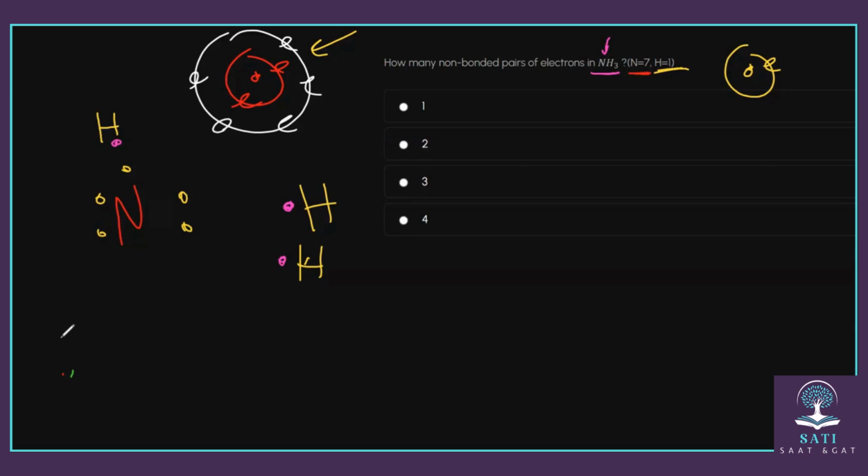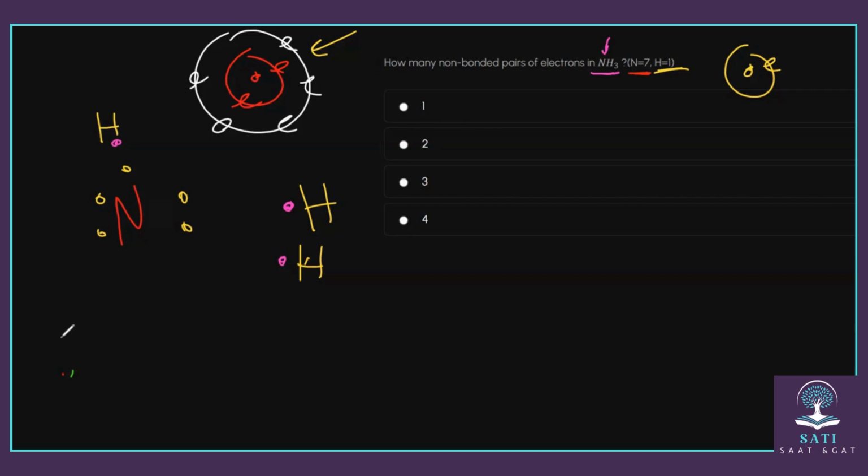Nitrogen is a non-metal element and hydrogen is a non-metal too. When non-metals react, they usually share electrons. They don't lose or gain electrons, they just share them.